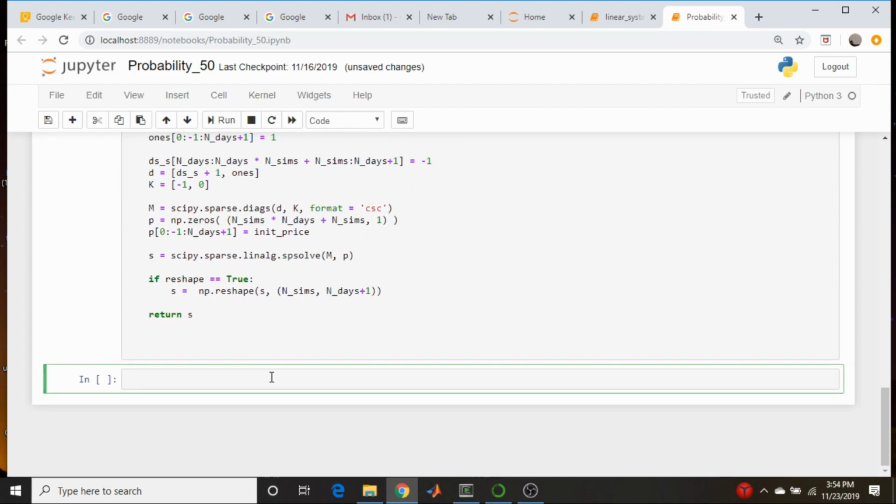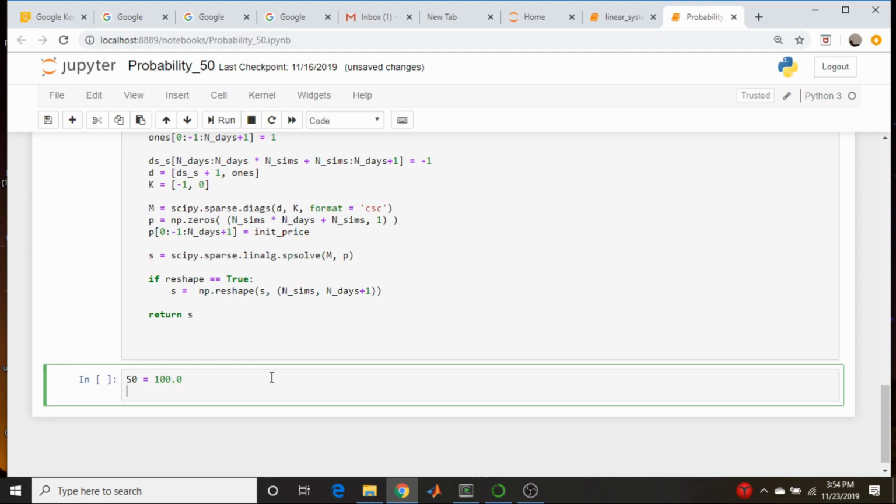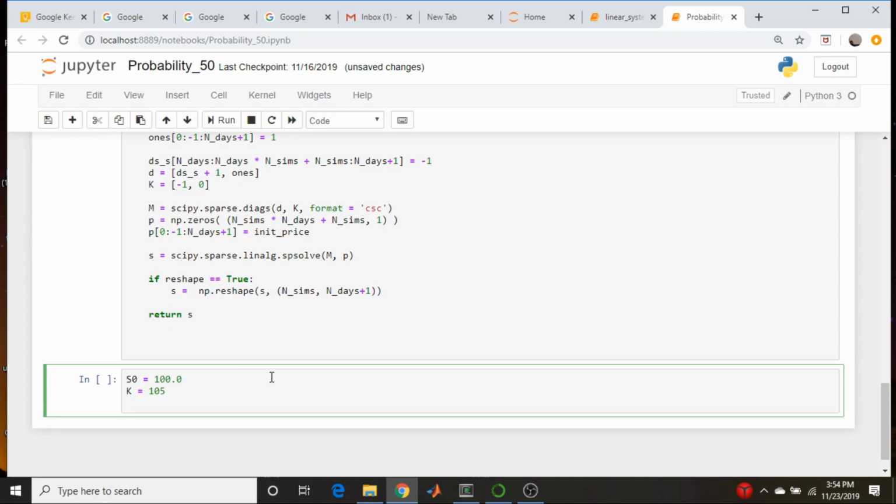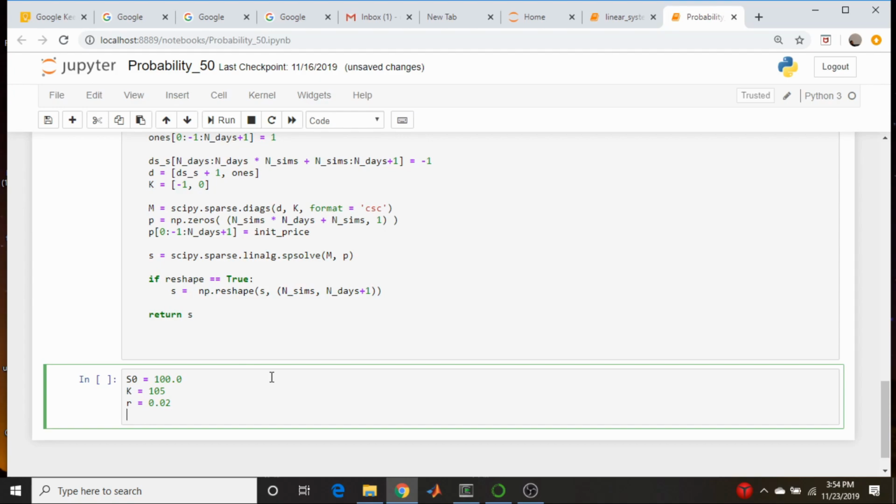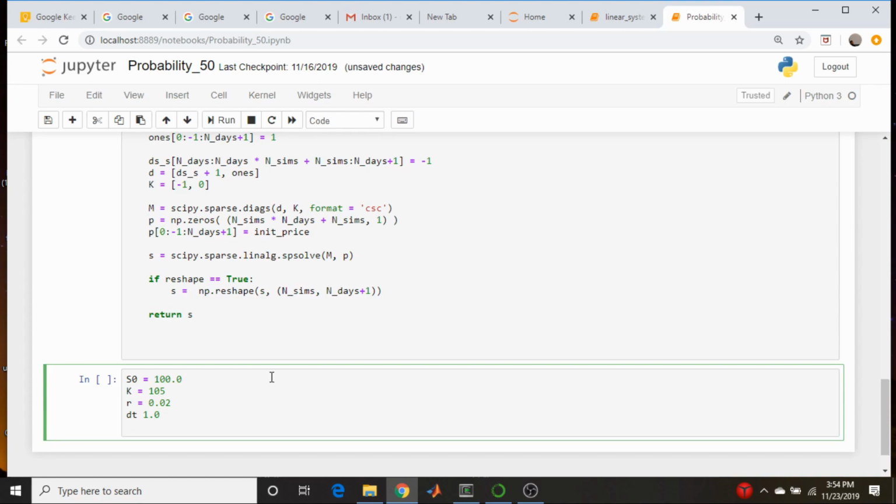So let's go down and quickly create a small simulation so we can actually take apart this function and see what it does. So we need an initial stock price of 100, I think is the number I've been typically using. Let's have a strike price of 105. This will be a call option. K equals 105. Let's set the risk-free rate equal to 0.02, so 2%. Our time step is 1.0. What else do we need?